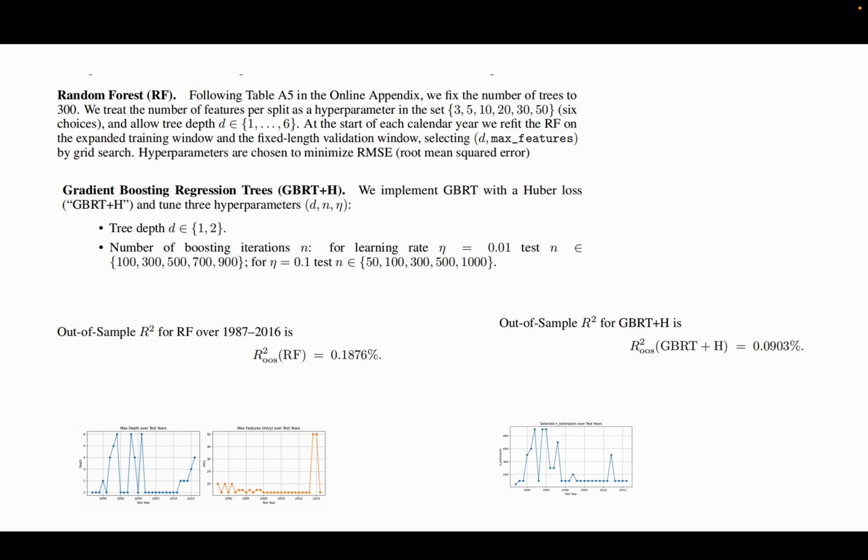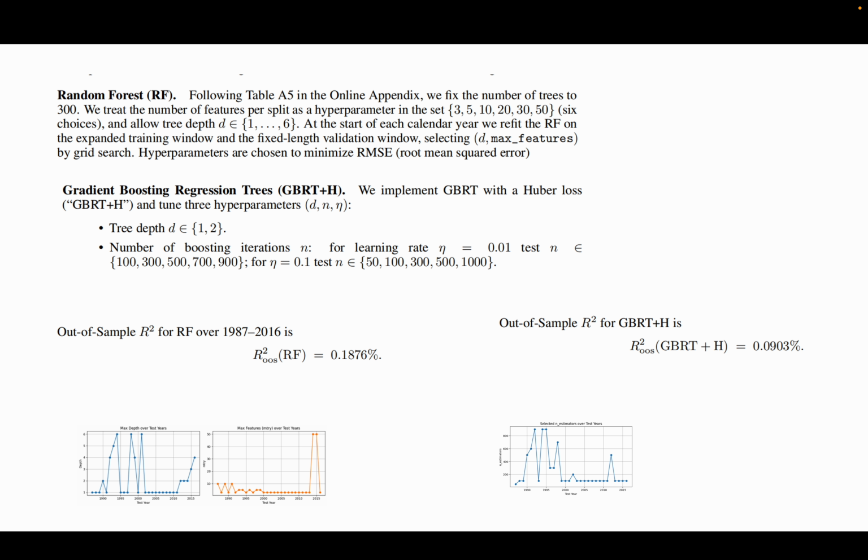This slide shows the results of random forest and gradient boosting regression trees with Huber loss. We select our hyperparameters: the number of features per split, the tree depth, the boosting iterations, and the learning rate.